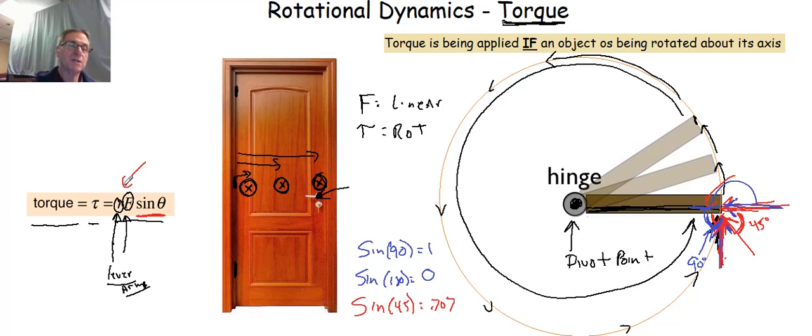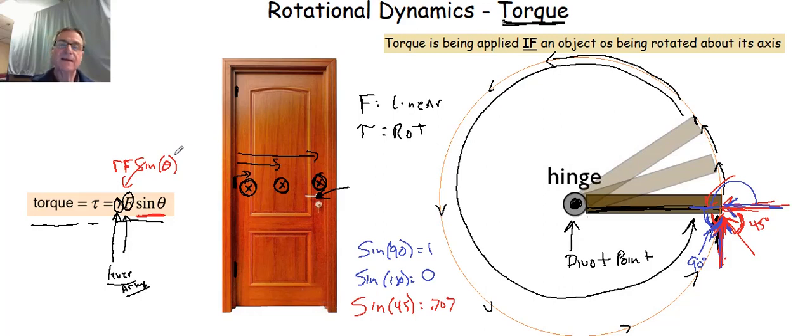So torque is equal to the distance from the pivot point times the force that we are acting on it with times the sine of the angle between the lever arm and the force itself. So that's what torque is.